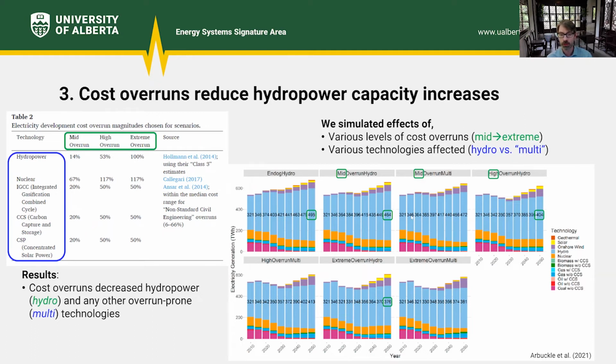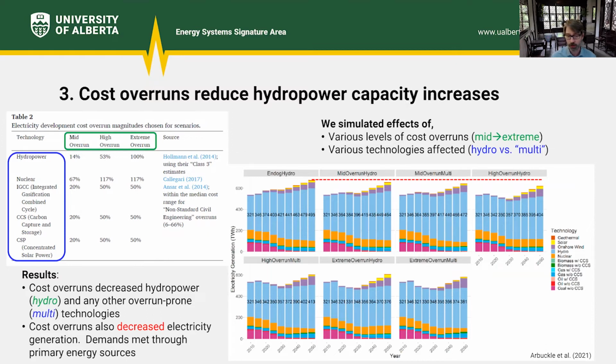Comparing 495 versus 464 versus 404 versus 376. And you can see that as we incorporated more technologies in these cost overruns, hydro became relatively more preferable as other technologies also experience cost overruns.